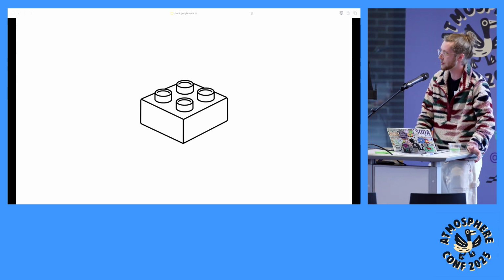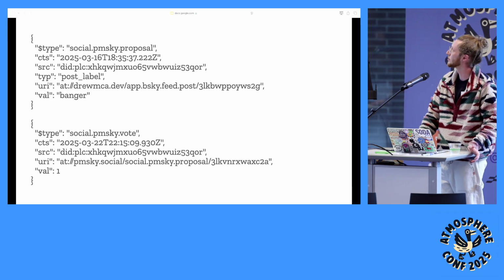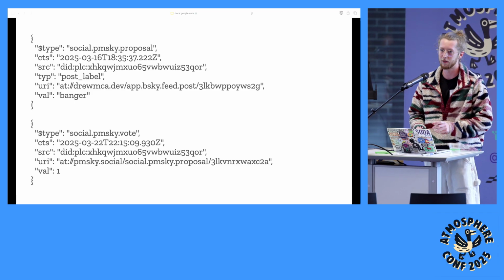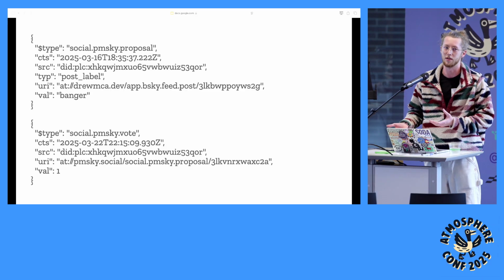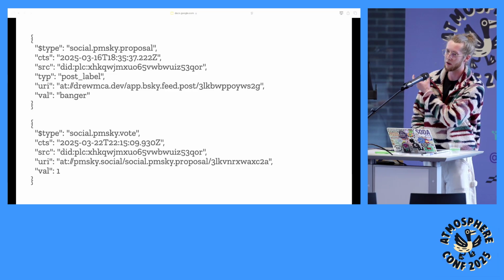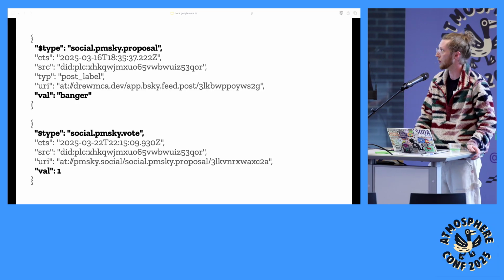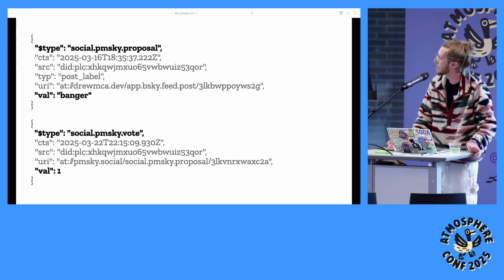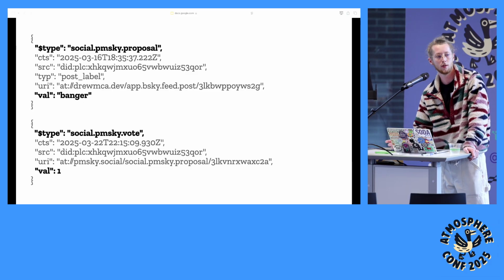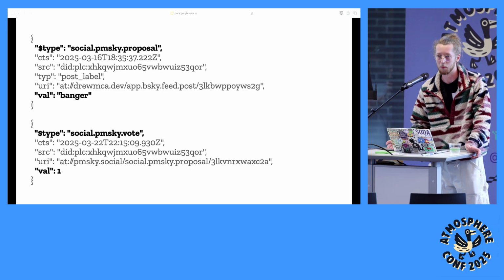What PMsky does, I have two lexicon types that I've settled on for now. The proposal type is basically the same thing as a label, where it has a URI that it points to and then a value that is what the text of the label actually is. And then I also have votes, where anyone can vote on one of those proposals.